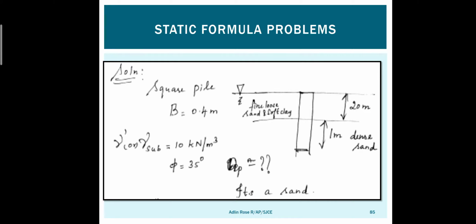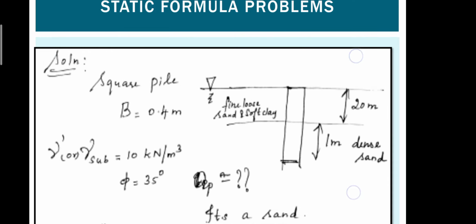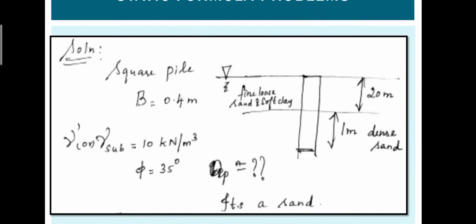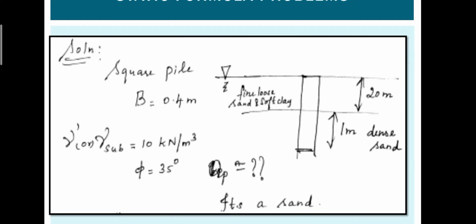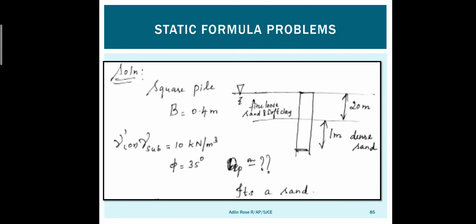In that 20 meter it is going to be loose sand and soft clay. I have drawn the picture, and the last 1 meter is going to be dense sand. So that is shown in the picture. And it is also given gamma submerged or gamma dash is equal to 10 kilonewton per meter cube, and the angle of internal friction is 35 degree. They have asked you to find only the QP of the soil.